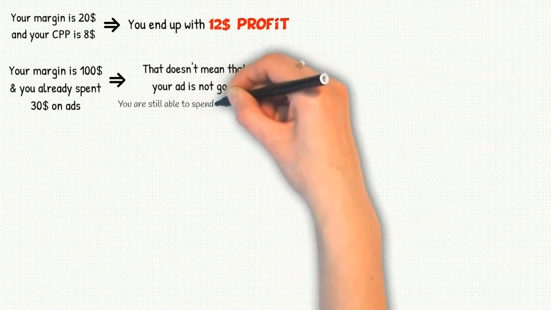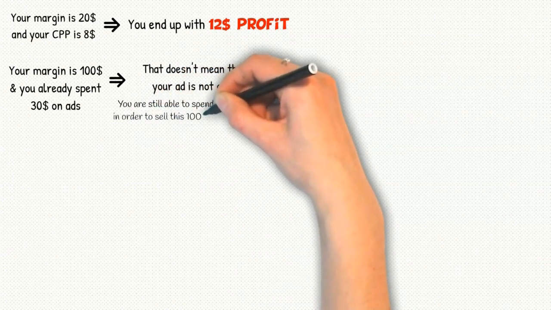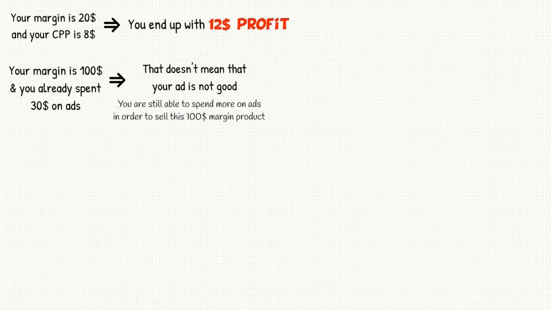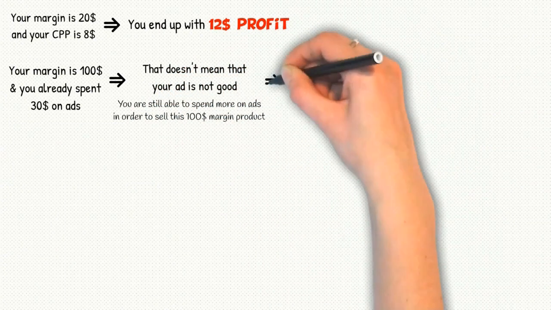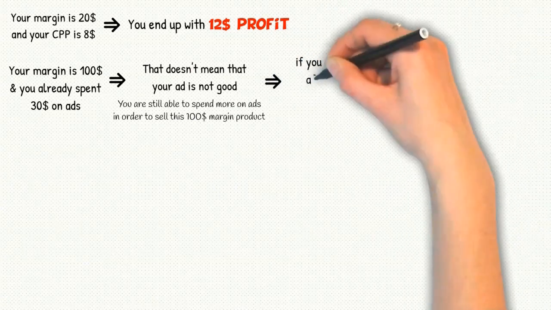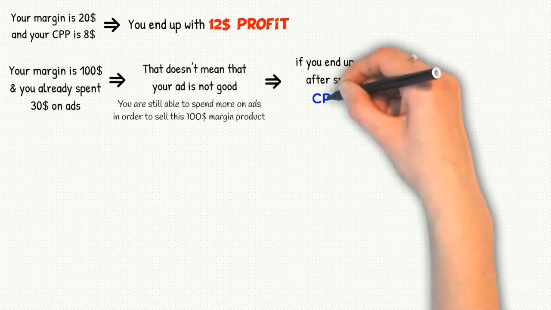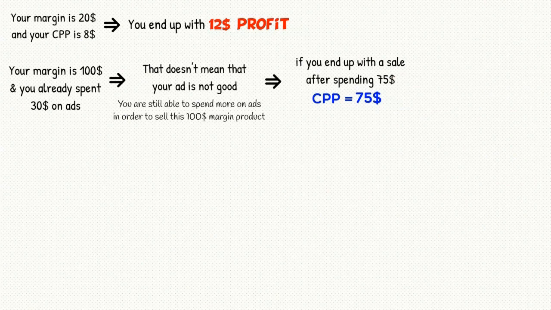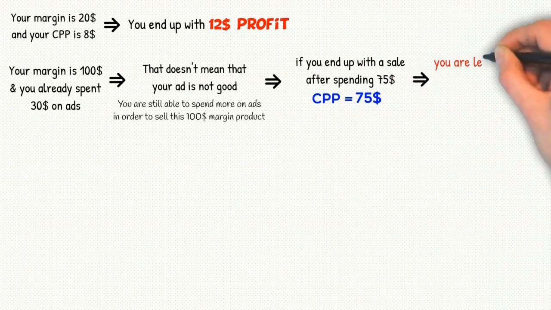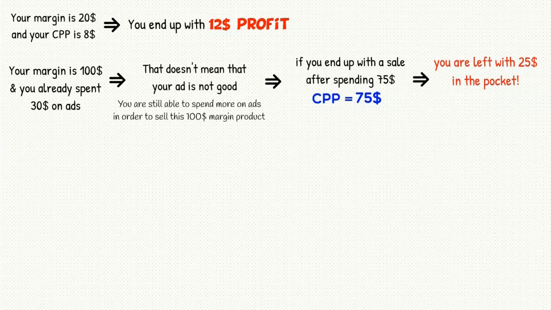You are still able to spend more on ads in order to sell this $100 margin product. So if you end up with a sale after spending $75, which means that your CPP is $75, you are left with $25 in your pocket, and this is great.